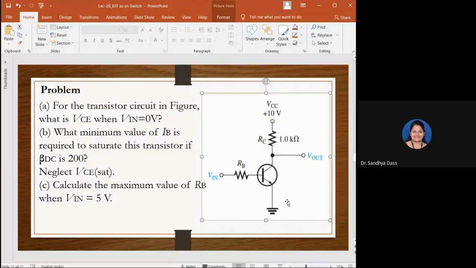And third question, calculate the maximum value of RB when Vin is 5 volts. Take down the question and try if you can solve it. First go through the points and parameters given. Check whether you have any idea how to proceed.